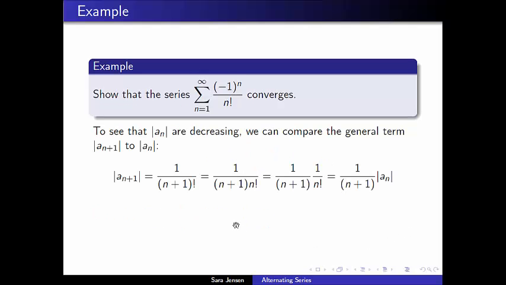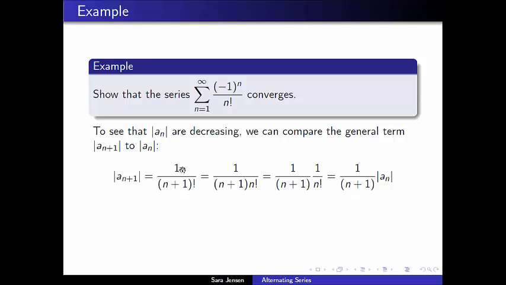And last but not least, we need to show that this absolute value of our terms is decreasing. And one of the ways that we can do that is to compare the value of the next term to the previous term. So when I take a look at what the next term would look like, what that's saying is let's take n plus 1 and plug that in everywhere we see an n.